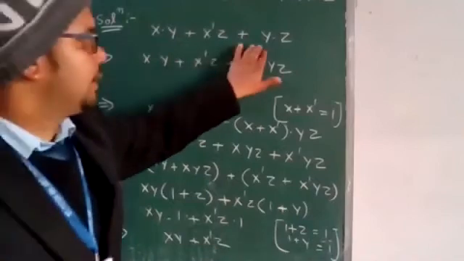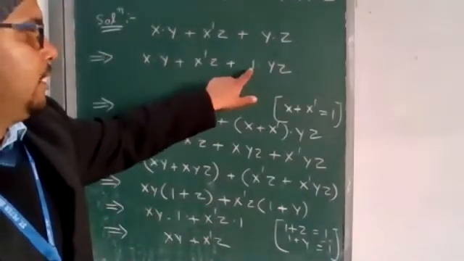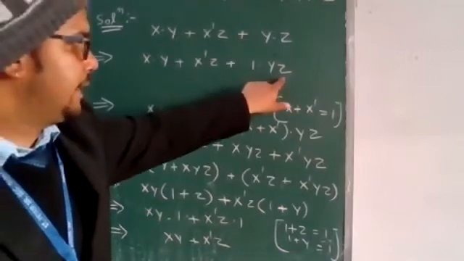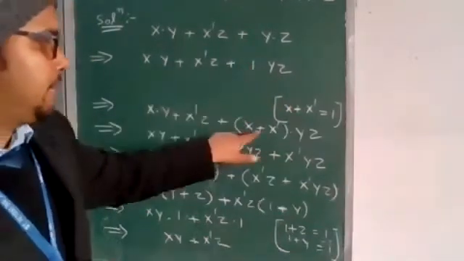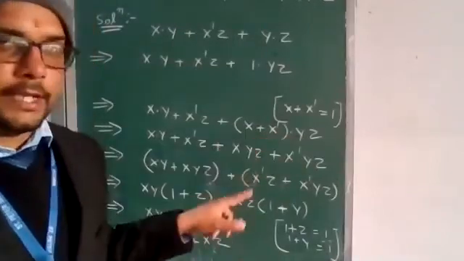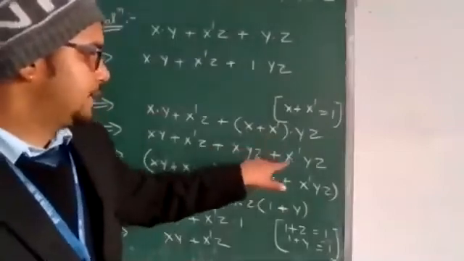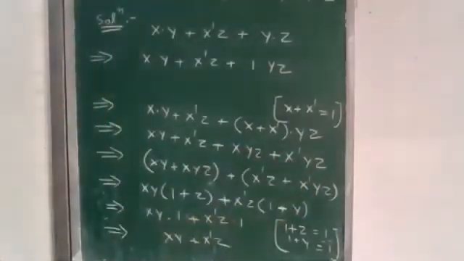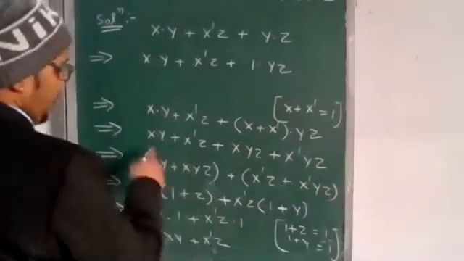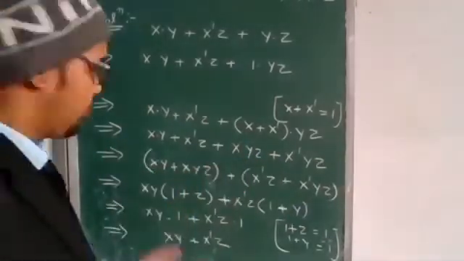Then according to the question, here x is missing. Then I have to multiply with 1 dot yz. So the value of 1 is x plus x complement. Multiply, open this with the help of distributive law. So x dot yz plus x complement yz, and then make the group xy and xyz, because here x and y both are common.